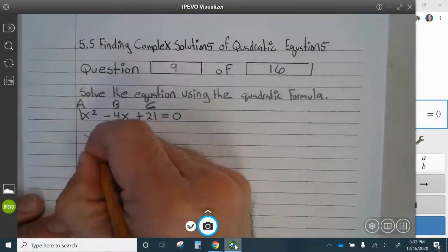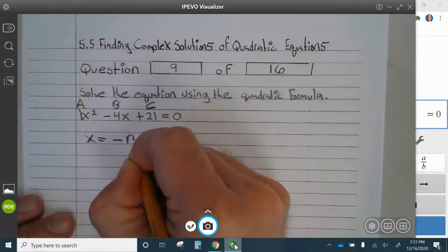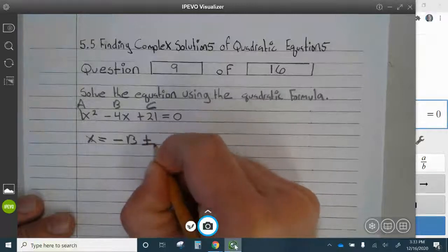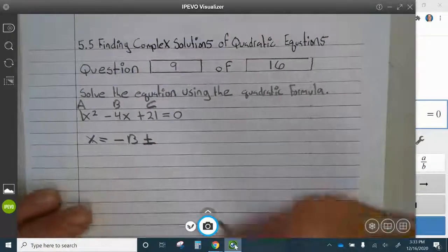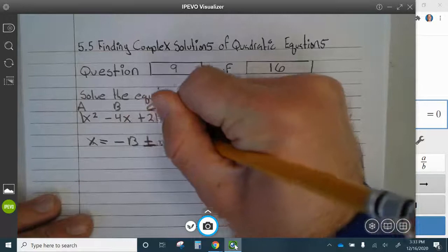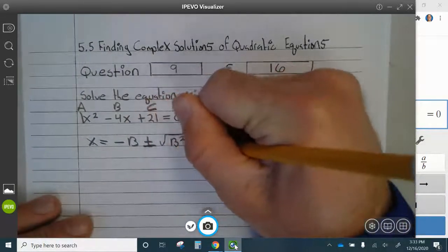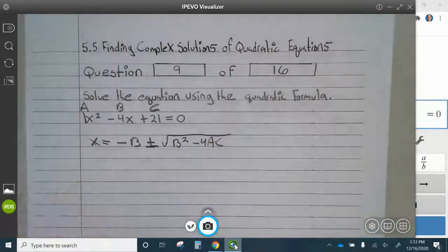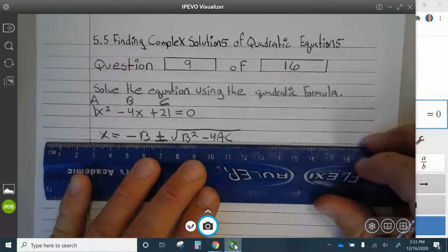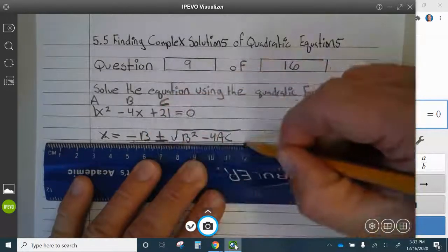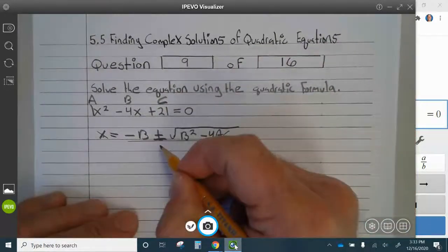The quadratic formula says x equals negative b plus or minus the square root of b squared minus 4ac divided by 2a.